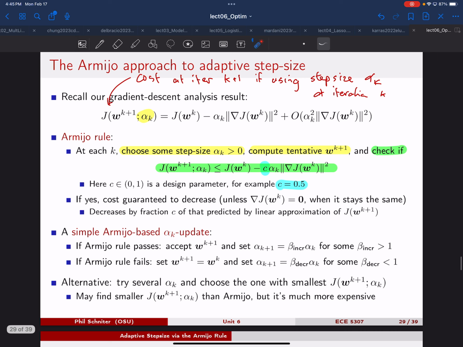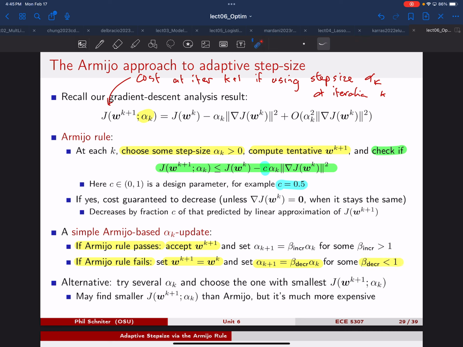So this is the approach: if the Armijo rule passes, you accept that tentative step. If the Armijo rule fails, you don't accept it, you go back to your previous w_k, you pretend you never took that step, and you set your step size a little bit smaller for next time, or maybe a lot smaller.